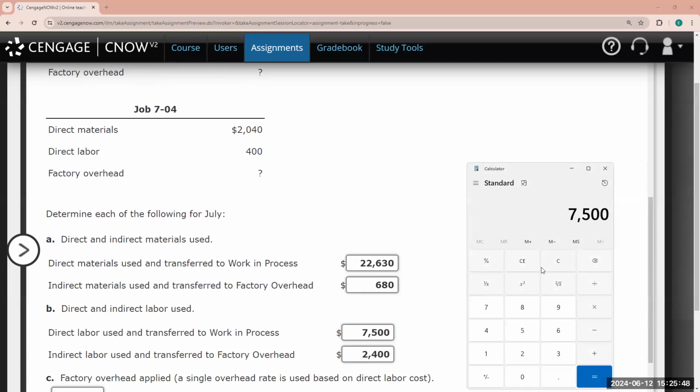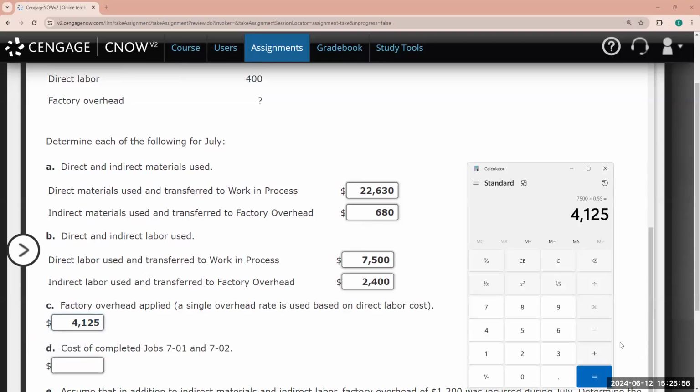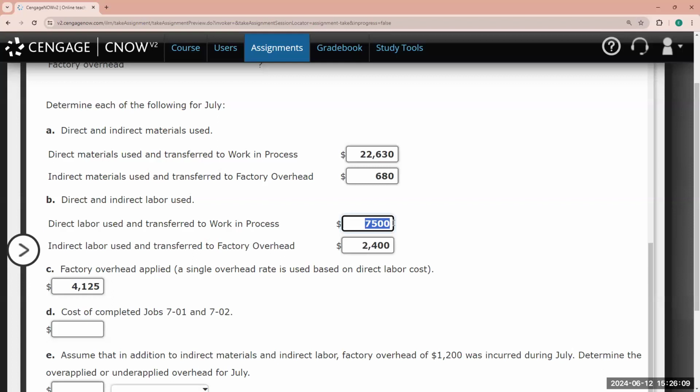So 7,500 multiplied by 55% lets us know that our factory overhead is $4,125. Again, we factored in our factory overhead rate, which in this case is 55% of direct labor. So we simply multiply our total direct labor by 55%, and that lets us know our factory overhead.